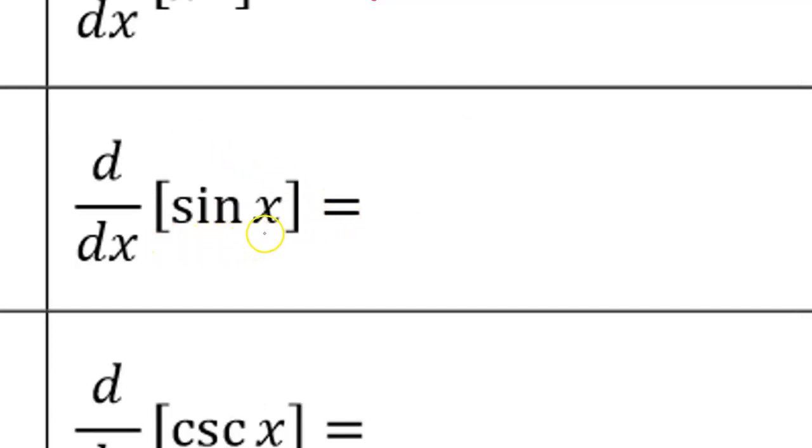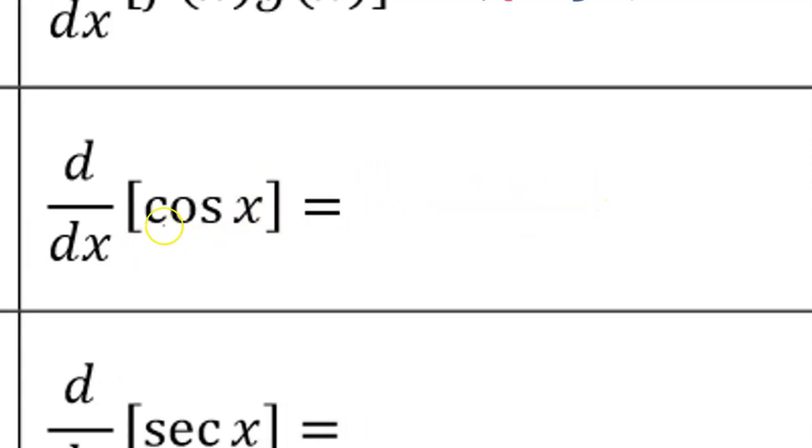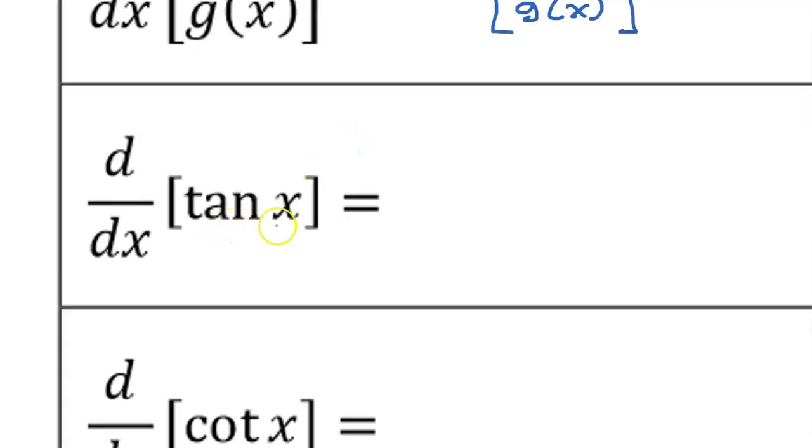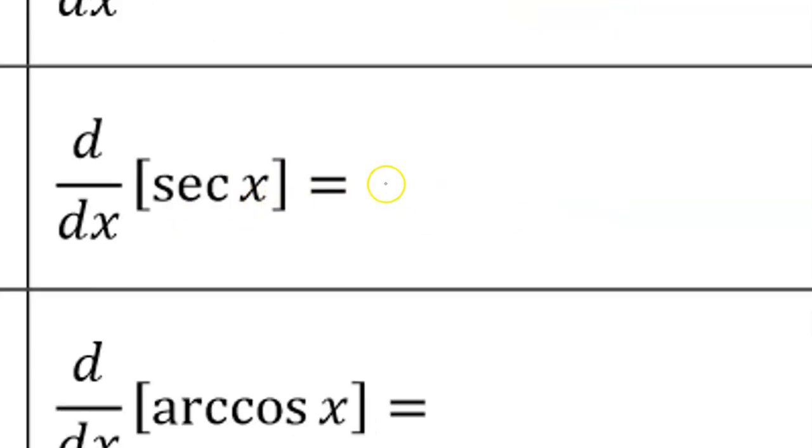The derivative of sine is cosine. The derivative of cosine is negative sine. The derivative of tangent is secant squared. The derivative of secant is secant tangent.